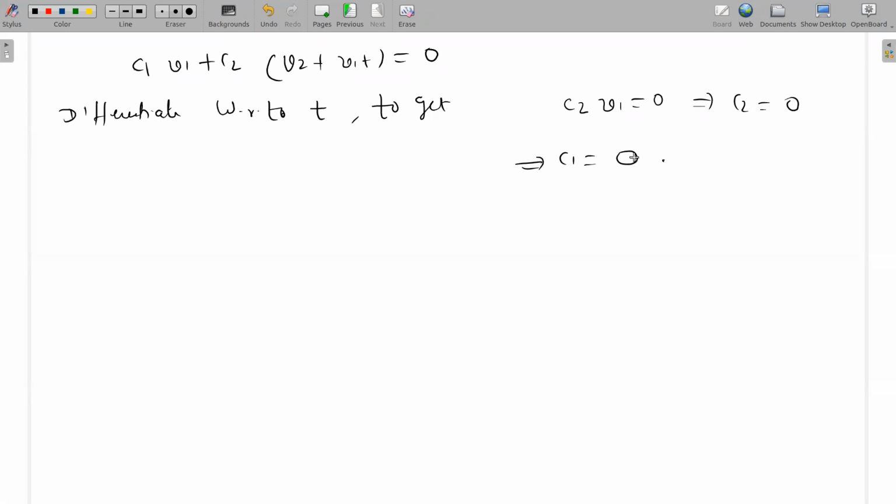So try to find c1 and c2: they are 0. So y1 and y2 are linearly independent solutions.